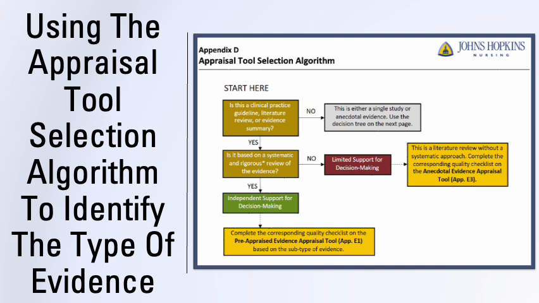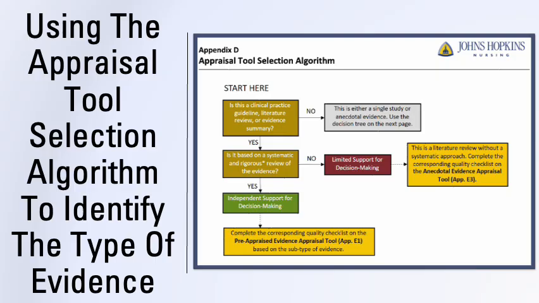You now must ask yourself, is this based on a systematic and rigorous review of the evidence? Your answer to that question is going to let you know if this piece of evidence will provide independent support for decision-making or limited support for decision-making.